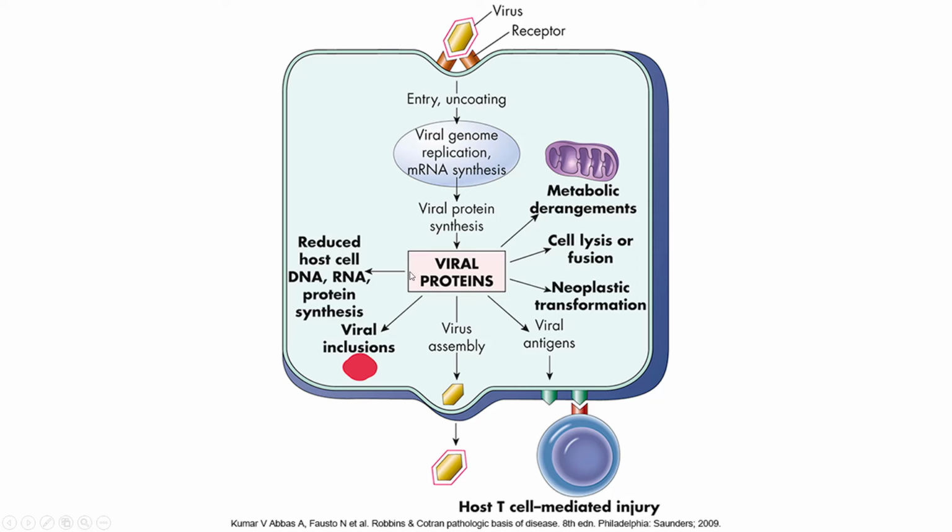While they are replicating in the cell, they can cause metabolic derangements. They can cause cell lysis or cell fusion, and they can cause neoplastic transformation, which means this cell can become a cancer cell. So there are certain cancers, if you study their etiology, there is a viral infection. So a viral infection causing these cells to become cancerous down the road.